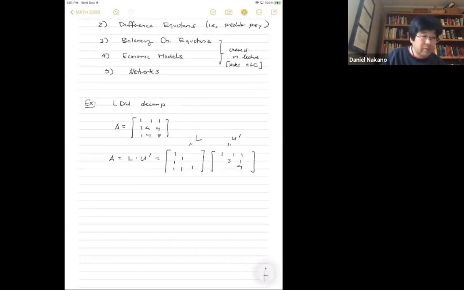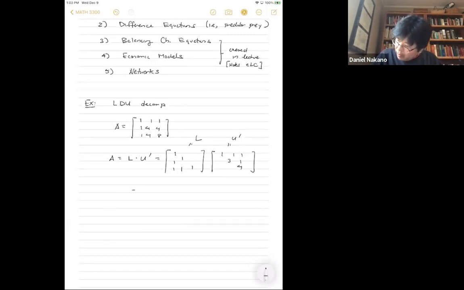Now, as you mentioned, you want to transform U prime in terms of D times U. So the idea is you take the diagonal entries off and make those the D, and then you divide out the entries, as long as they're non-zero, from the rows.